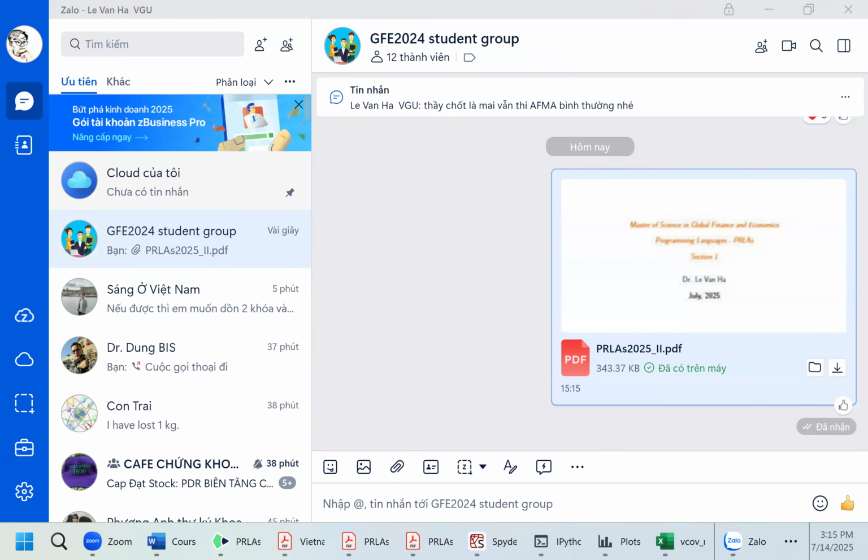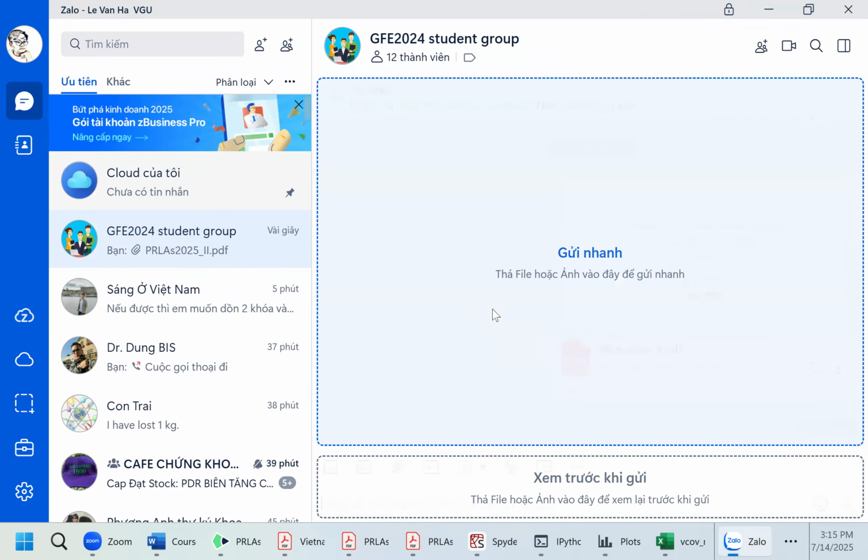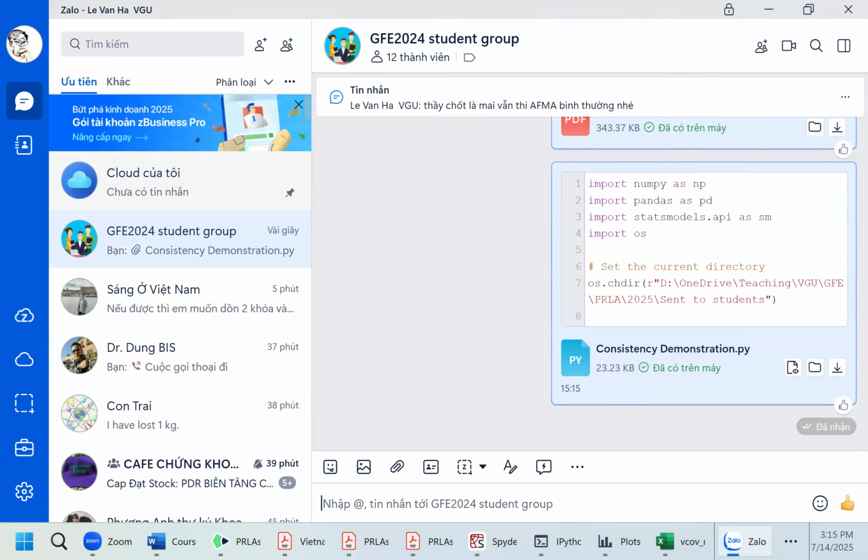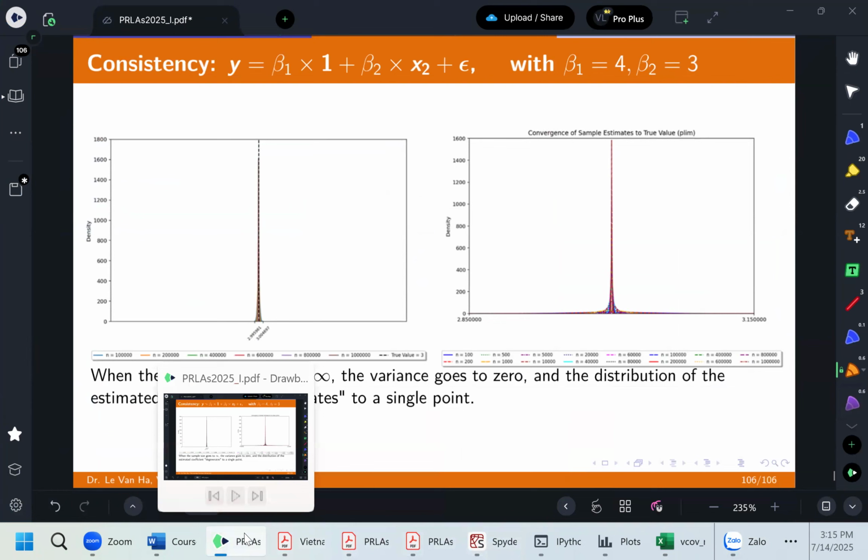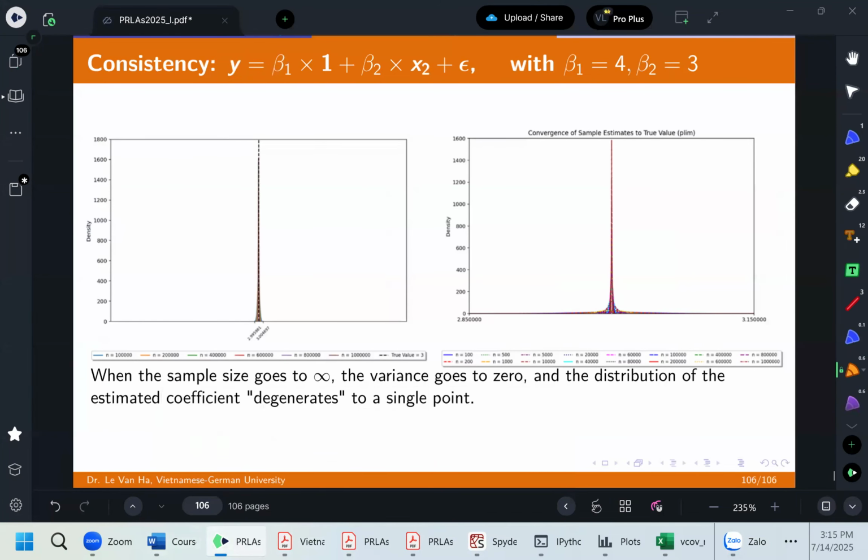Okay, so I will also share the consistency demonstration just in case I can do that. And now I will also share the second day script, right? So that you have them all.